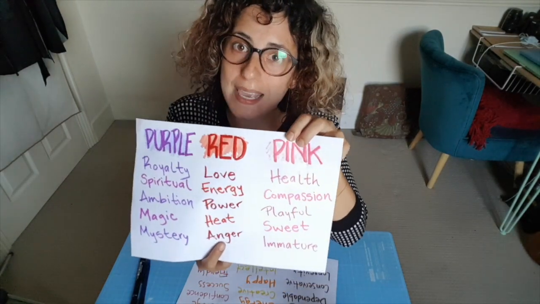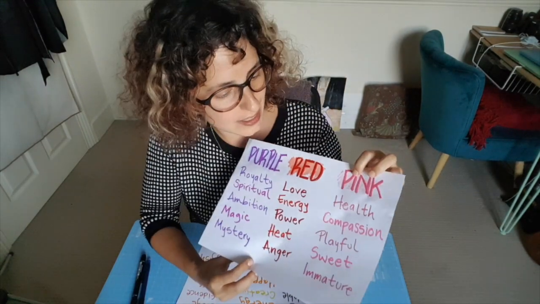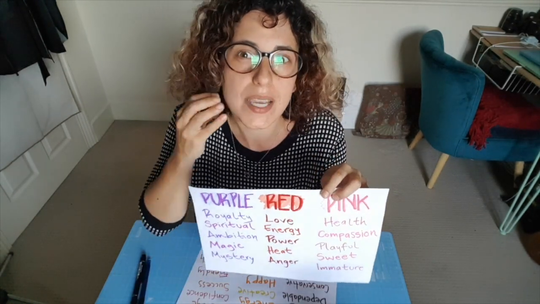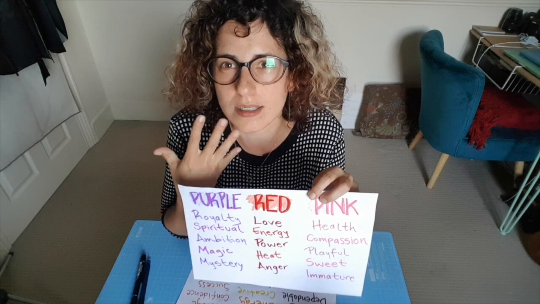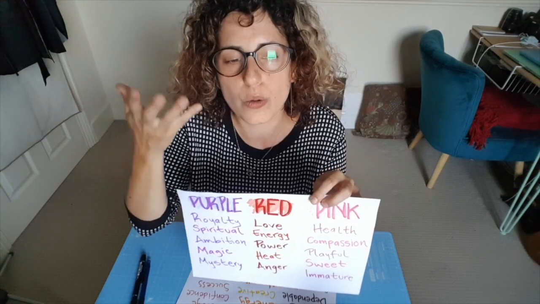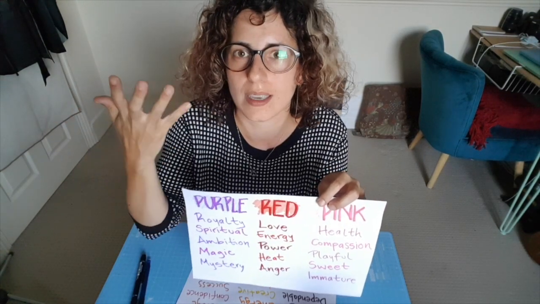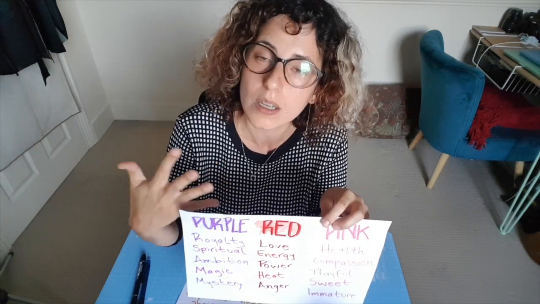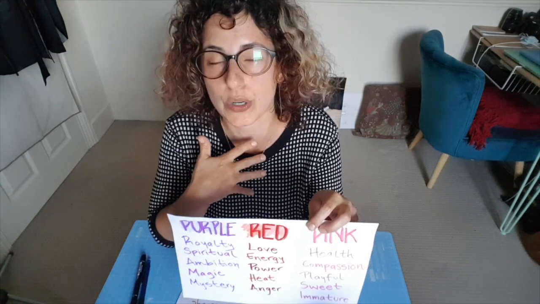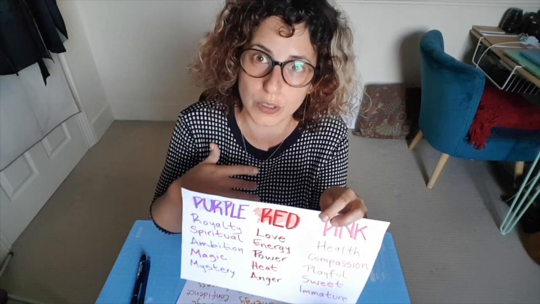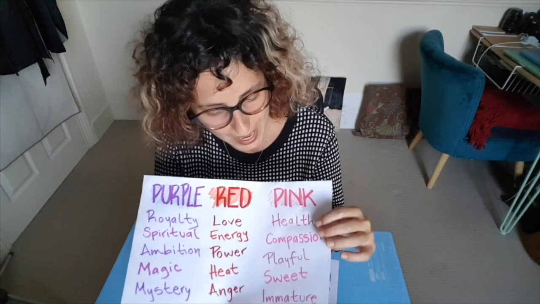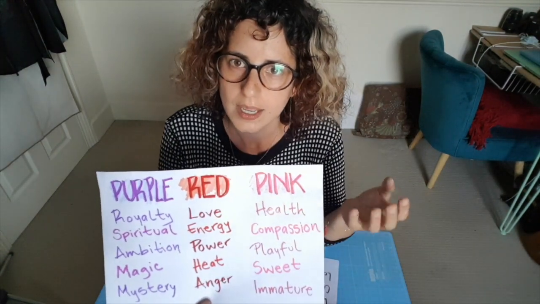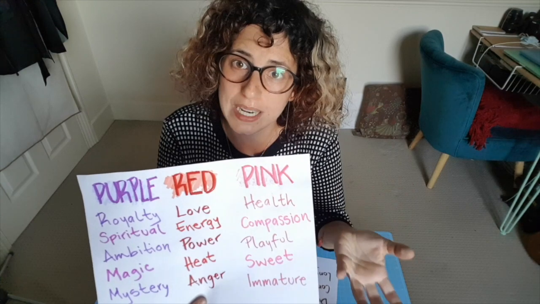And pink, final of this family, it means health. So because of our skin, I think, and seeing a rosy complexion is usually associated with health versus when you're looking pale, you might be thinking, oh, that person's ill, or if they've got more of a greenish tint. So pink is health. Compassion, because it's quite a soft color, and it's a very feminine color.